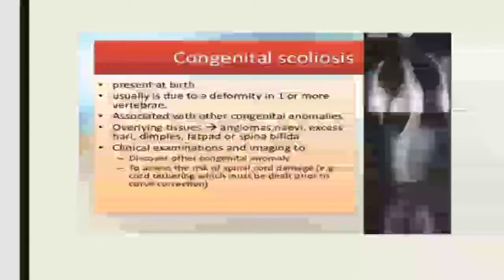Clinical examination and imaging are used to discover other congenital anomalies and to assess the risk of spinal cord damage, for example cord tethering, which must be dealt with prior to curve correction.